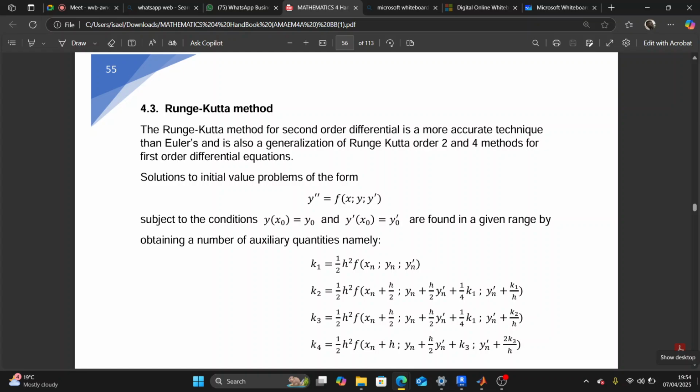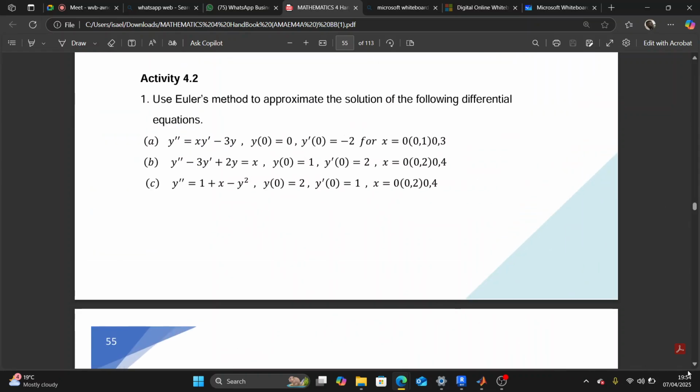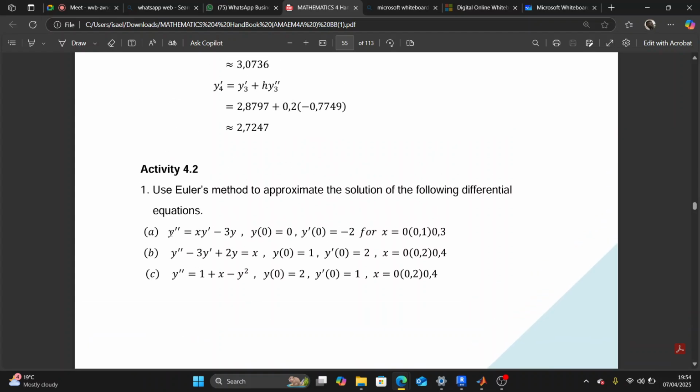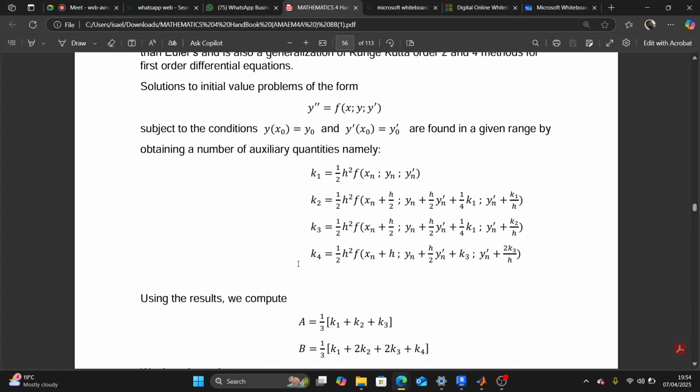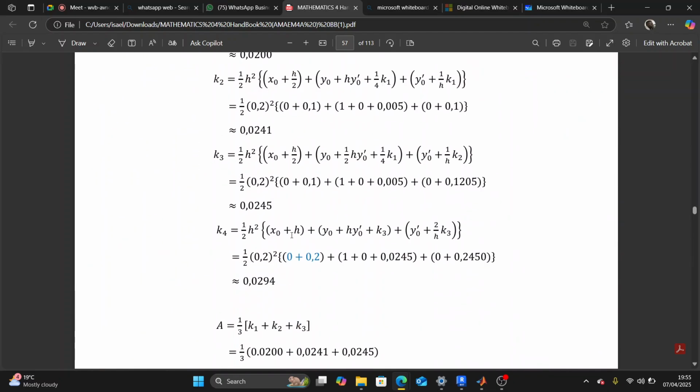Is the class finished, or are we going to do Runge-Kutta tomorrow? Yeah, I want us to do Runge-Kutta tomorrow. Please.